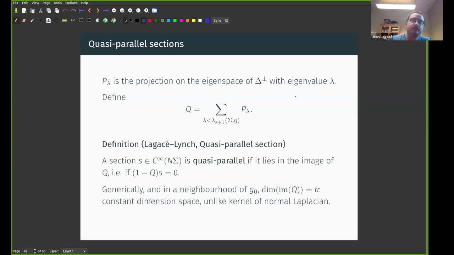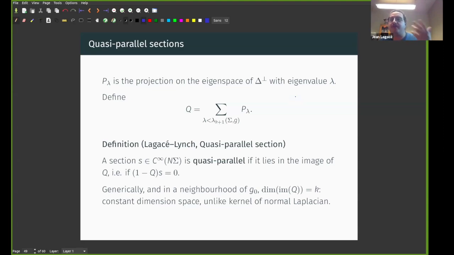Now, one of the things that you may notice is that this definition doesn't use at all the fact that I'm looking at the normal bundle. I would define a section to be quasi-parallel for any vector bundle in the exact same way.